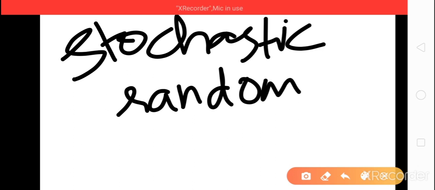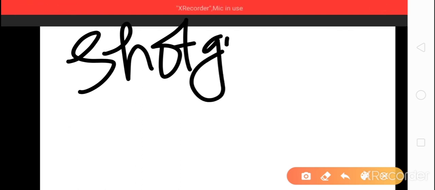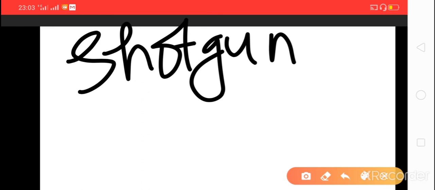And the fourth one is the shotgun hill climbing algorithm, also called the random restart hill climbing algorithm.